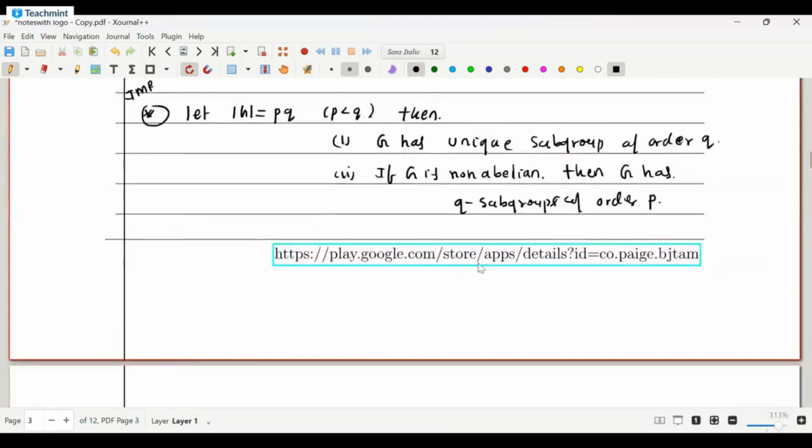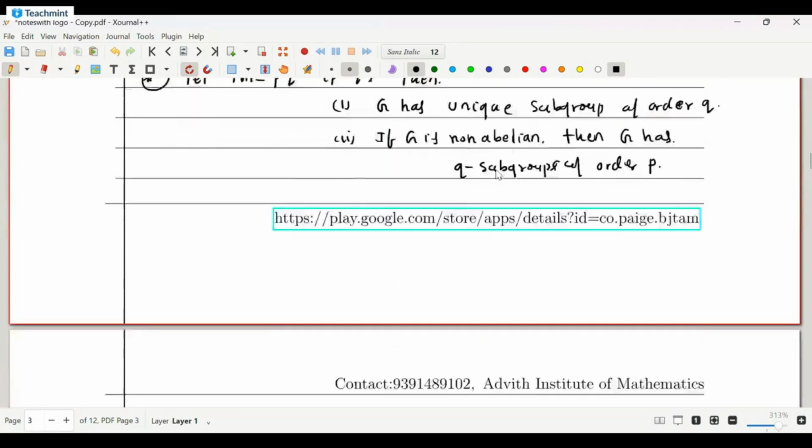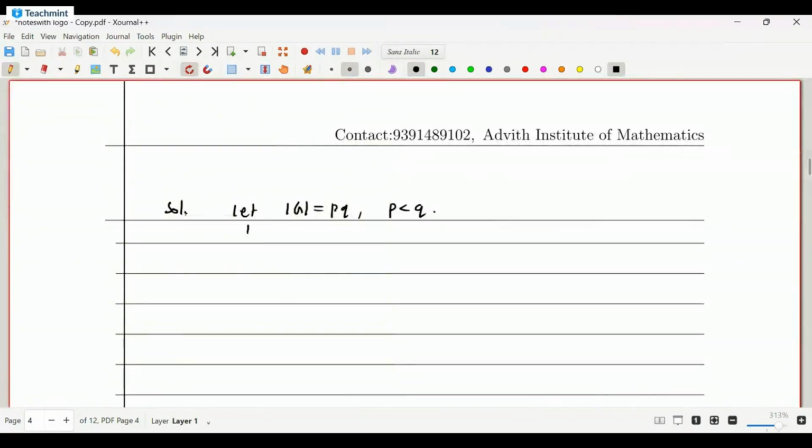So if possible, assume that G has 2 subgroups of order q and name them H and K. So the order of H and the order of K is equal to q.